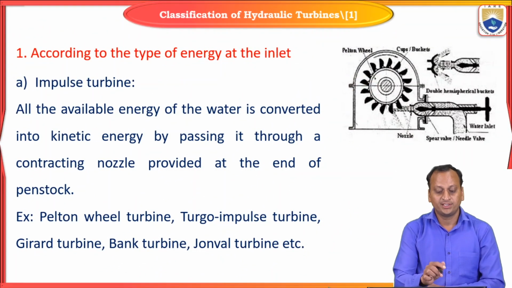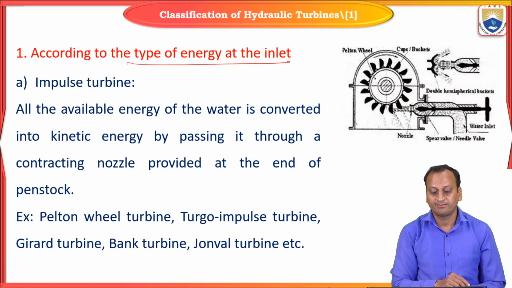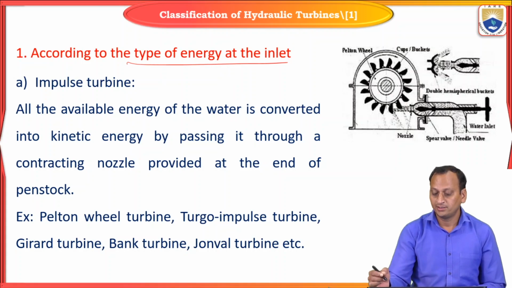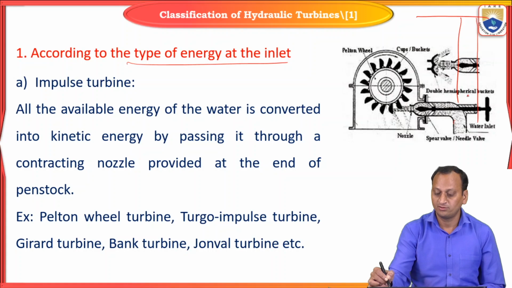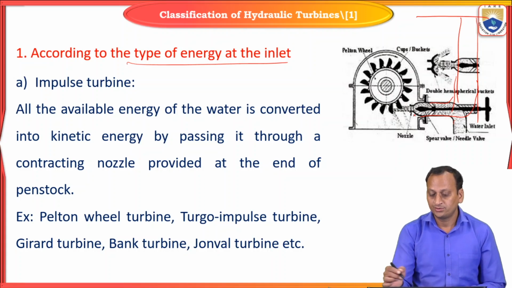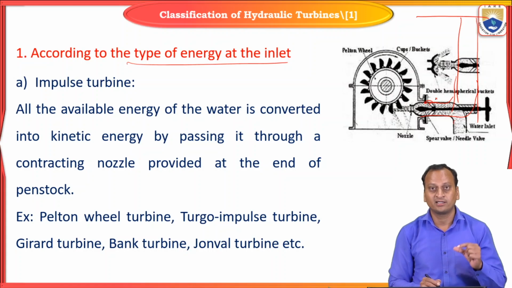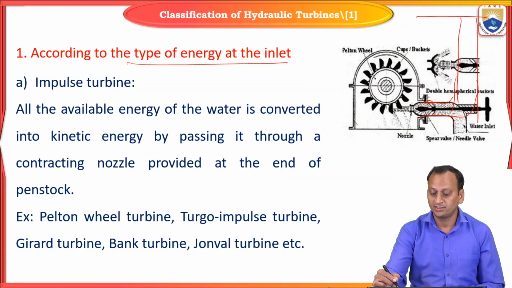Now we'll see according to the type of energy available at the inlet of a turbine, for which the example is the Pelton wheel turbine. This is a penstock. If the reservoir is here, from the penstock the water will be taken and supplied to the turbine inlet. But at the end, I am going to insert a converging nozzle like this.